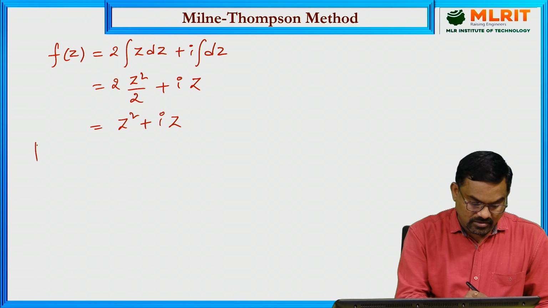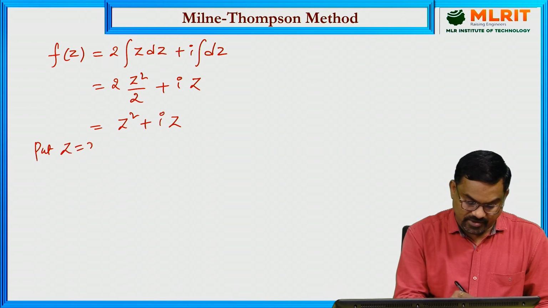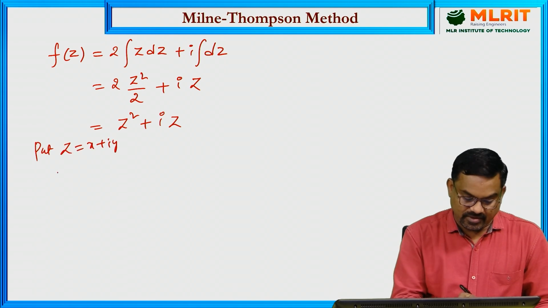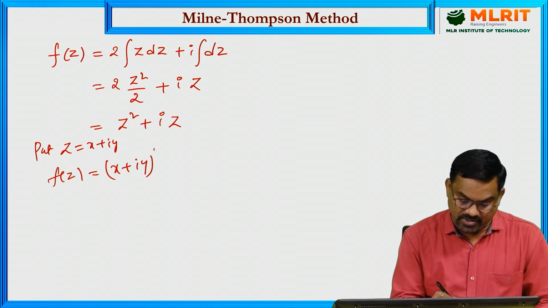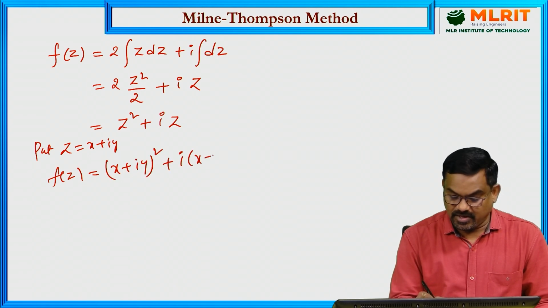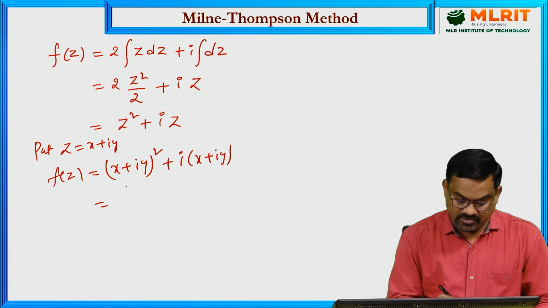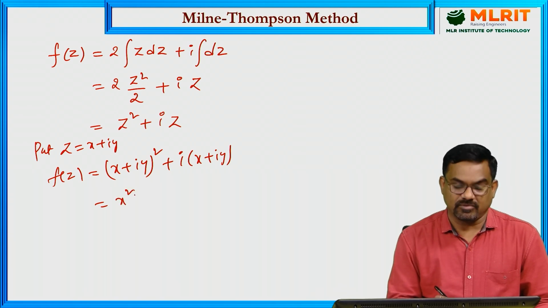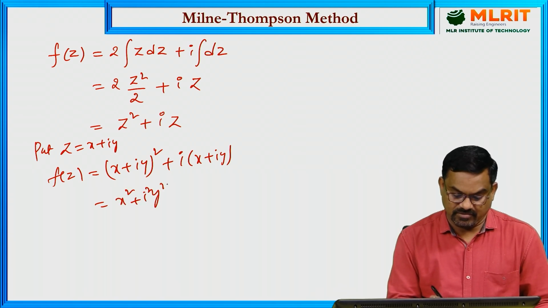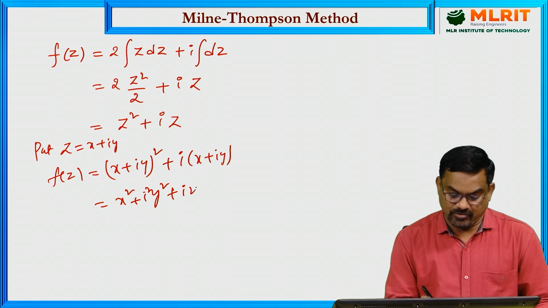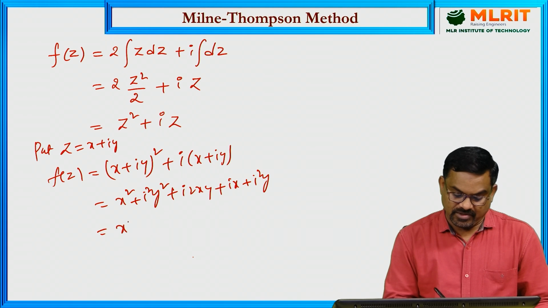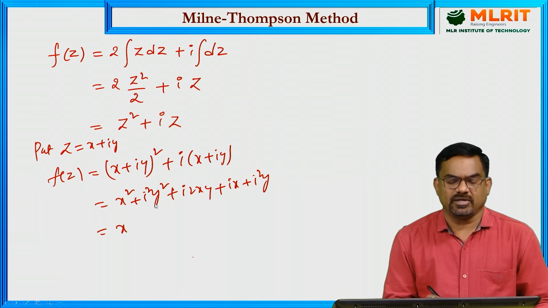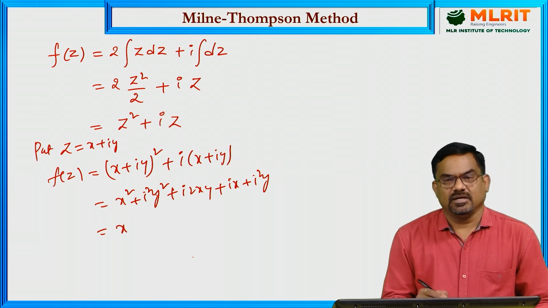Now put z equal to x plus iy. So f of z equal to x plus iy whole square plus i into x plus iy. So this is a plus b whole square, x square plus i square y square plus i into 2xy plus ix plus i square y. Just simplification. So here we can write the real part first and then the imaginary part.